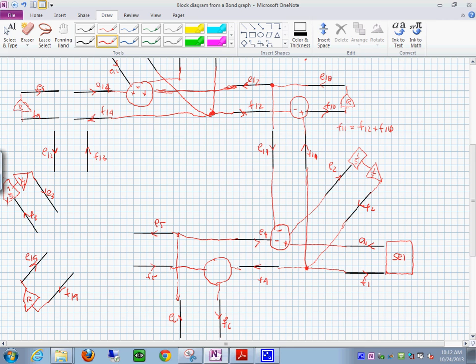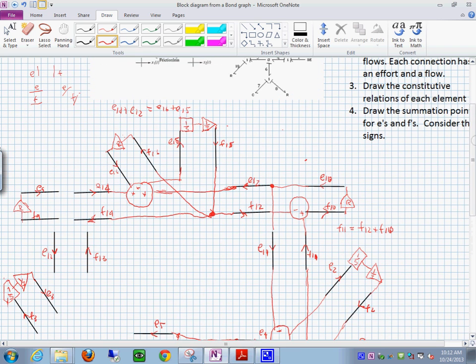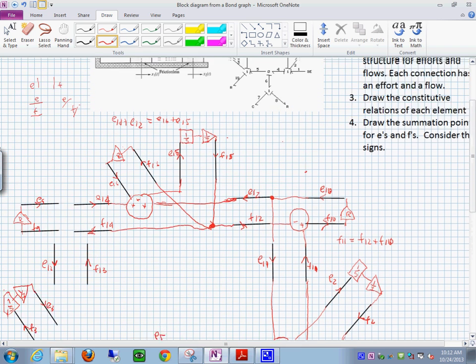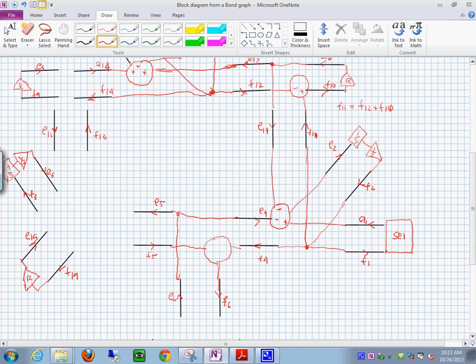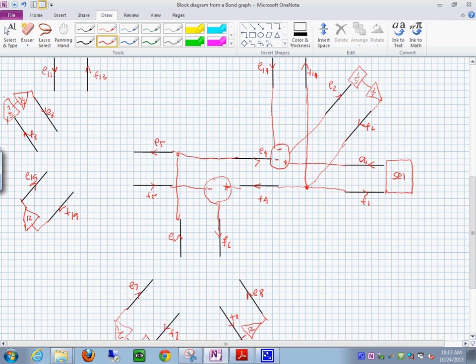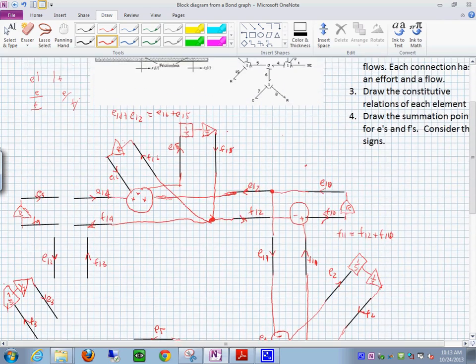In here the equation is written in terms of F sub 6. F sub 6, following the arrows, is F4 minus F5. So F4 plus minus F5 here.